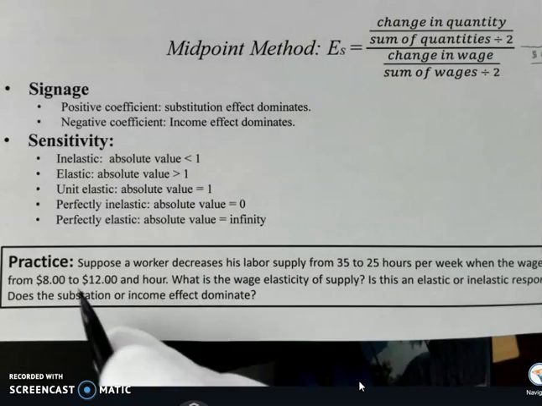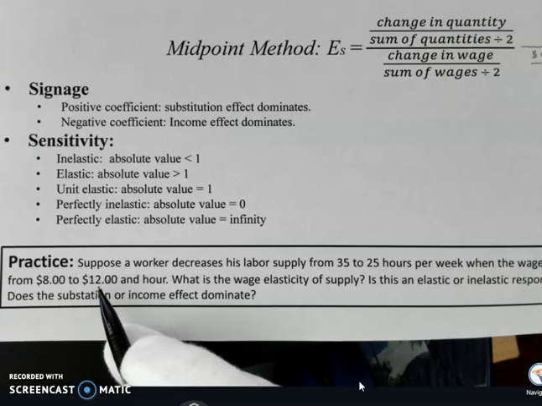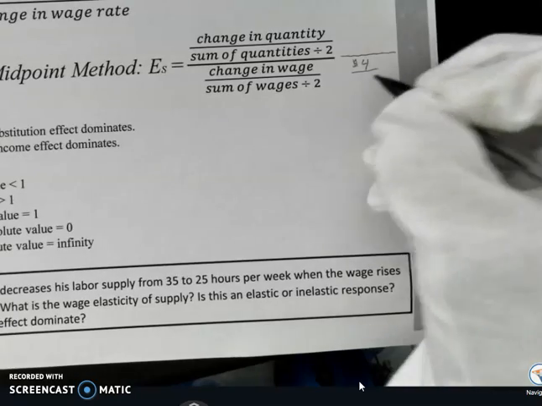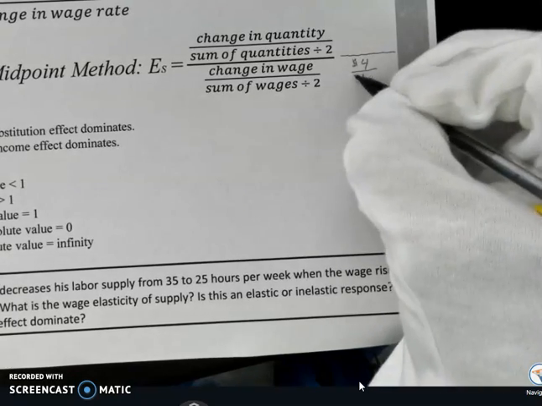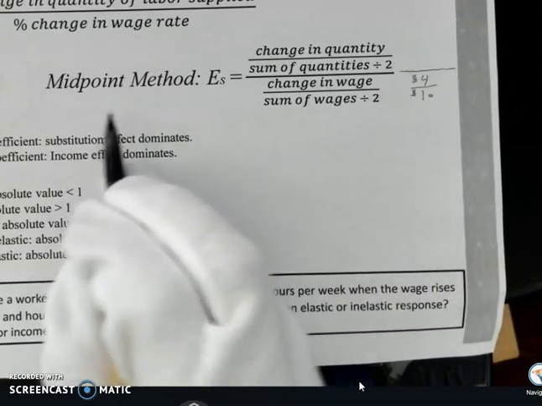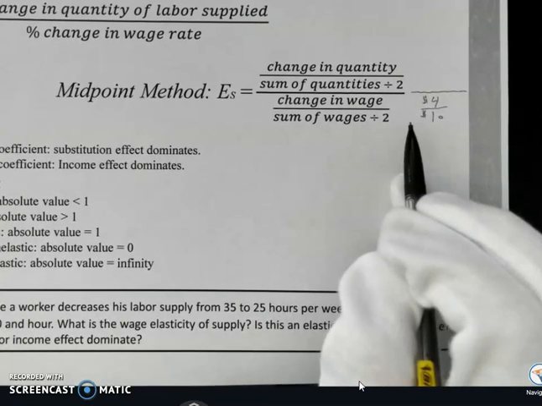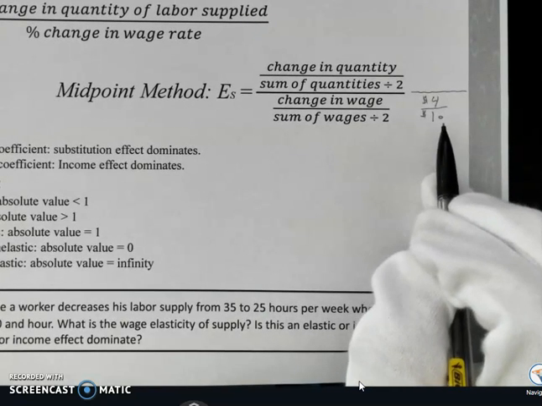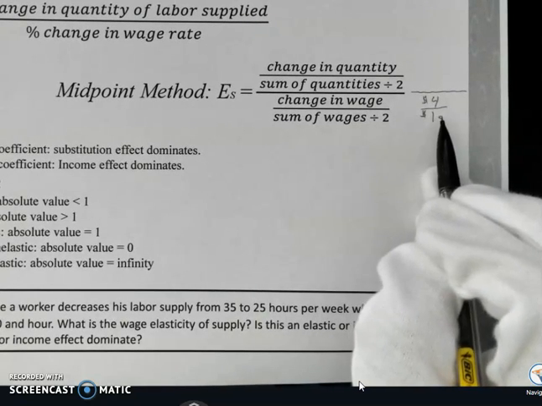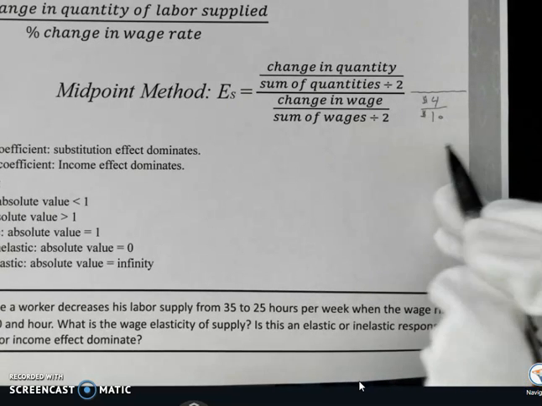So if we go from 8 to 12, then 8 plus 12 is 20, divided by 2, which is 10. Okay, so 10 is the average, also known as the midpoint. That's why we call this the midpoint method, because in calculating our percentages, we're using that midpoint as our point of reference for the percentage change in wages.